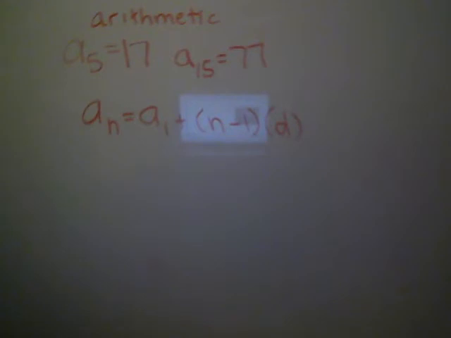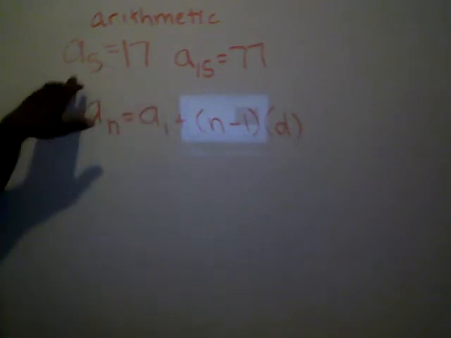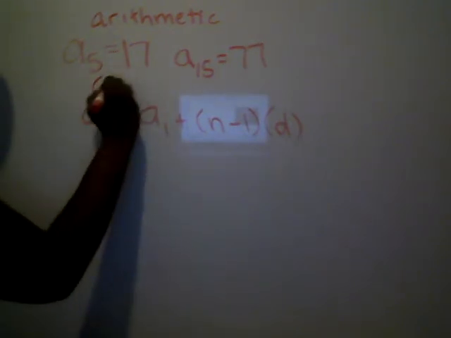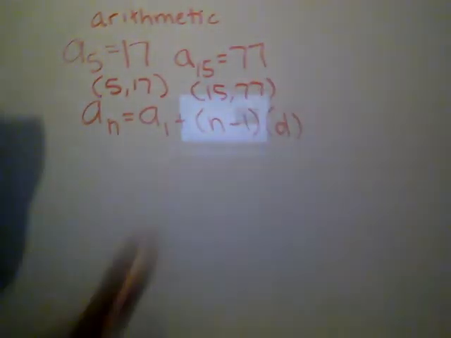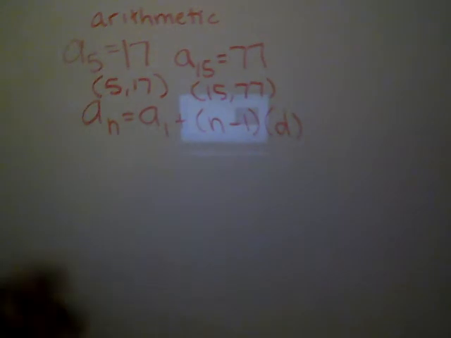So what we would actually want to do, to find the d value, we can almost do the slope. You can almost think of these as coordinate points. You can think of this as 5, 17, and this as 15, 77. The d value is really just the slope, how it's changing from value to value.